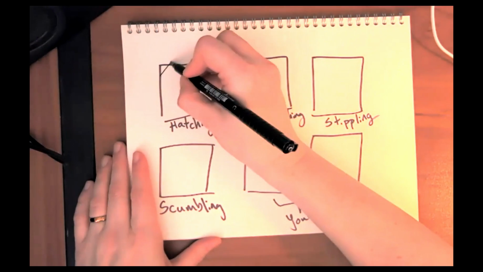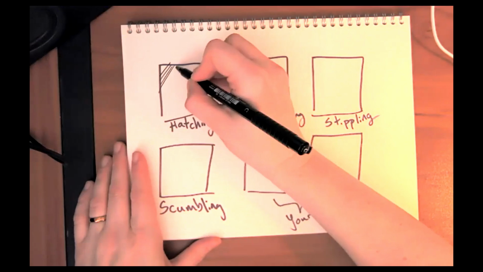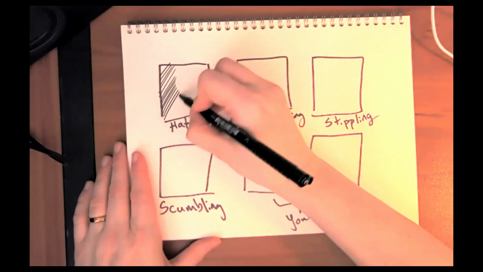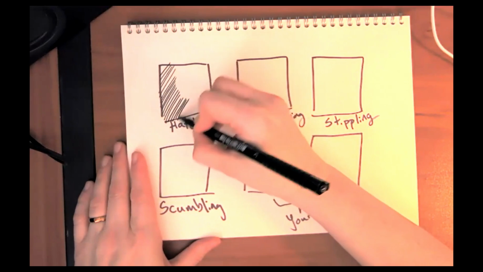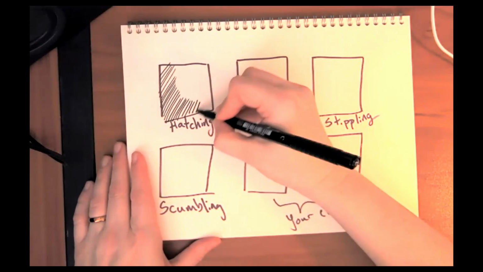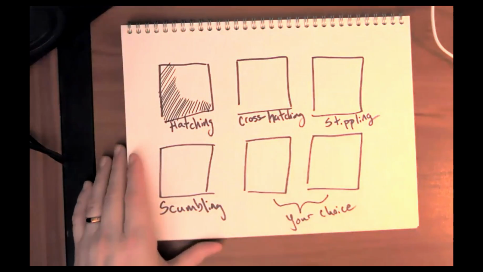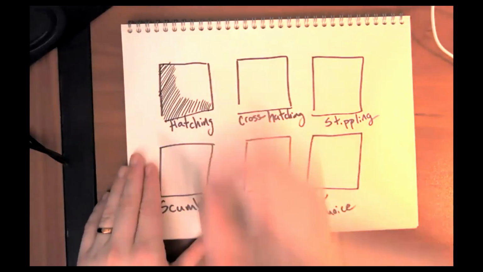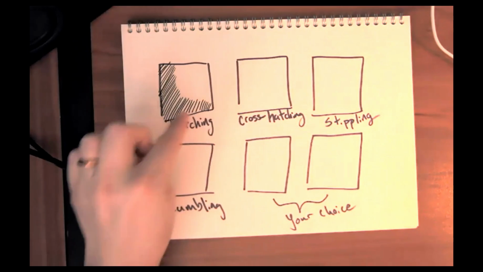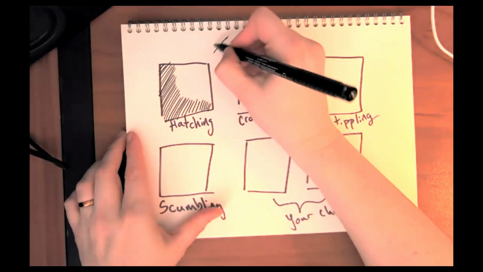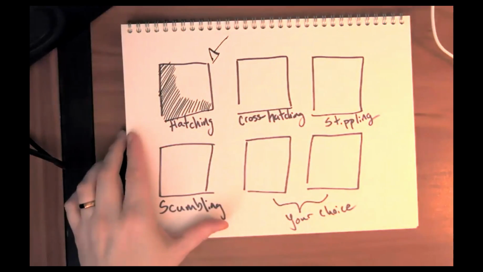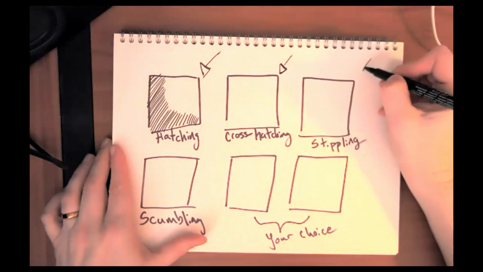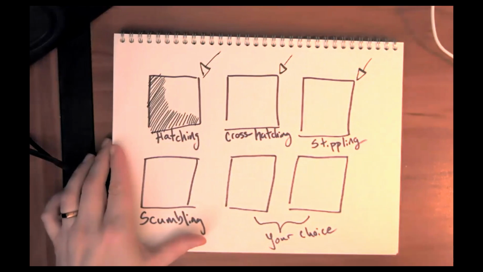Hatching is when you just use a single line and you just draw the lines close to each other. And you can see that it makes it look like this box has a light shining on it from this direction. So I'm going to keep pretending that my light is shining from each one of these.